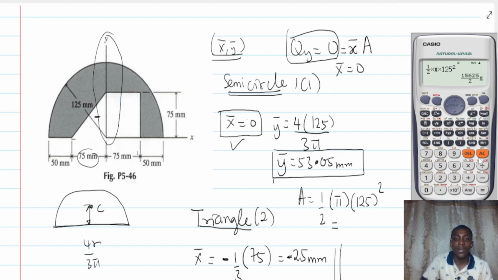So that gives 24543.69 millimeters squared. For this one, it must be noted, let's just go and add it there.